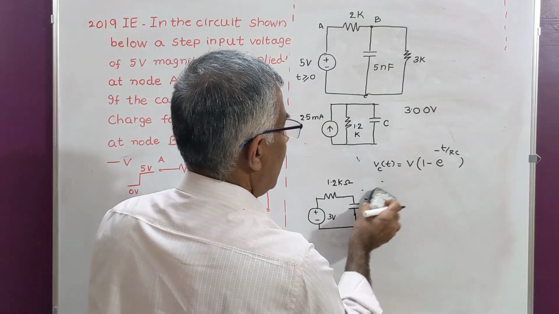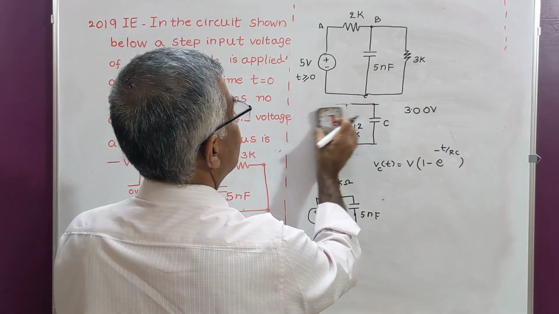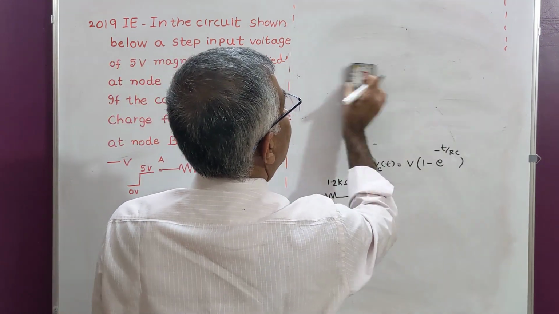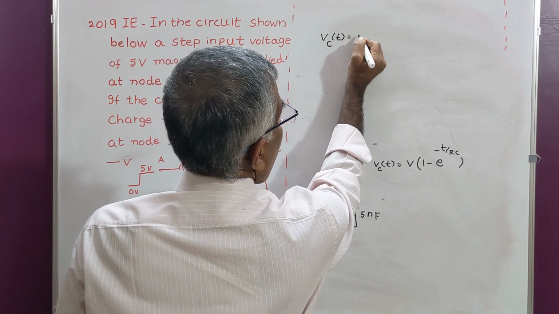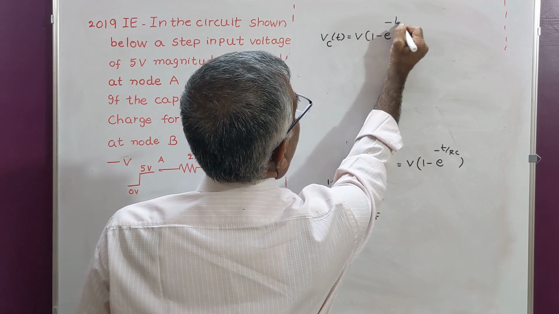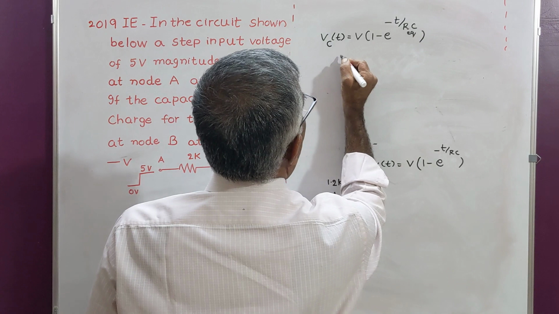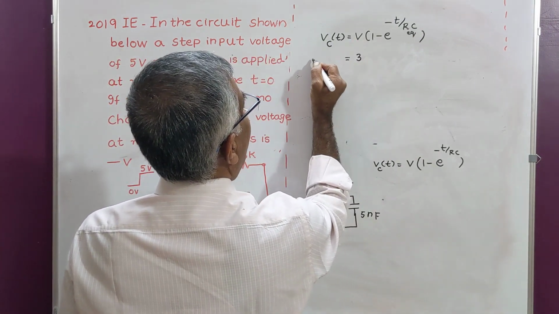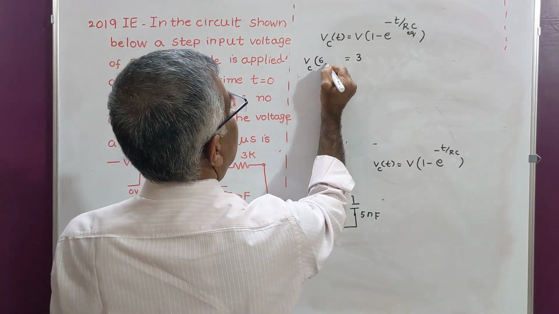Now you write the equation as Vc of t is equal to V into 1 minus e power minus t by R equivalent into C. Now V is 3 volts. We have to find Vc at the end of 6 microseconds.